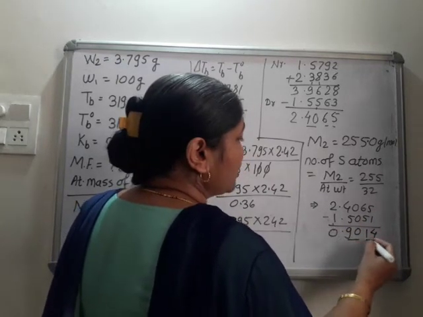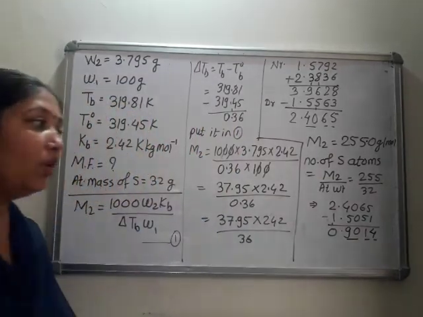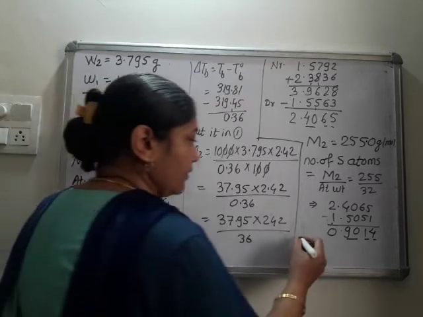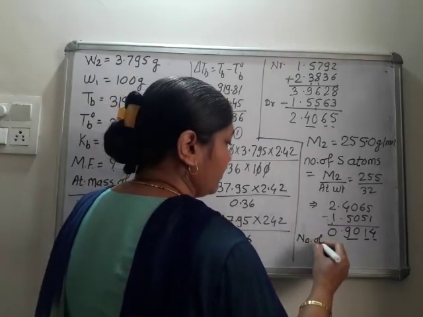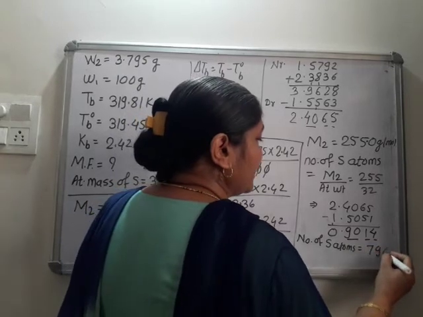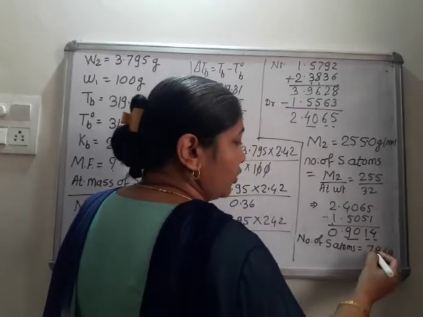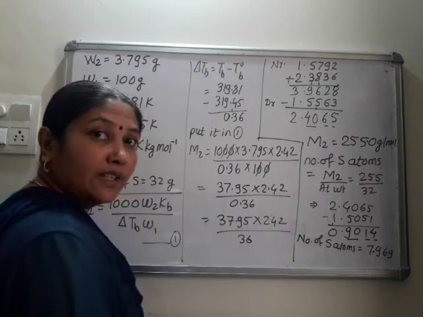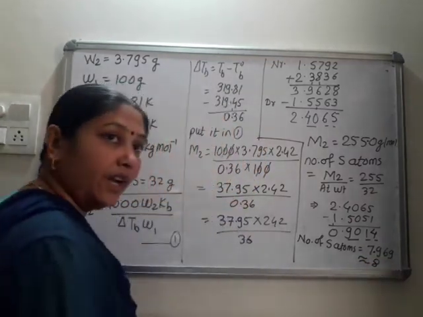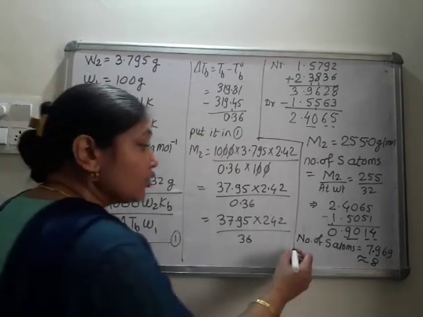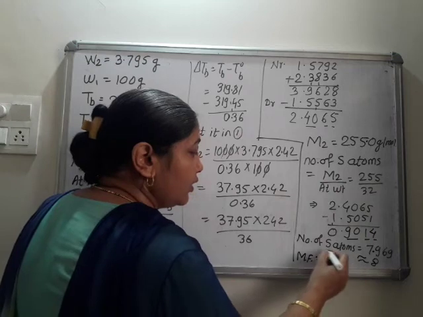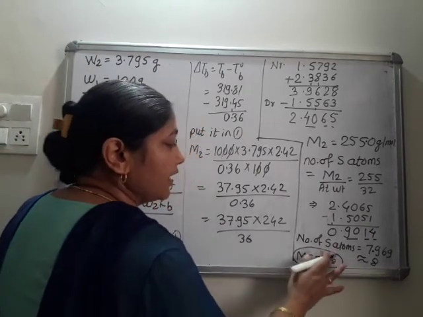What's the antilog of this? 7.969. Characteristic is 0. So 7.969, which is approximately equal to 8. 7.9 means 8. So molecular formula of sulfur is equal to S8.